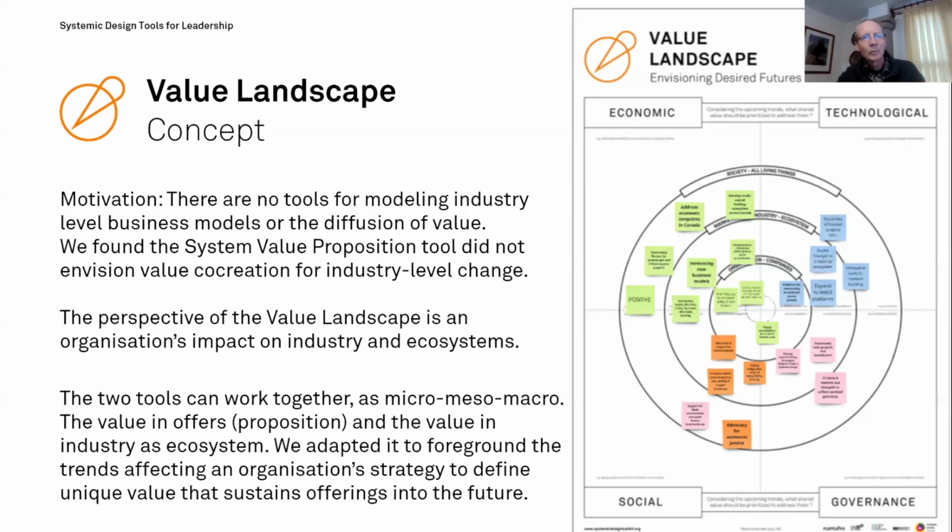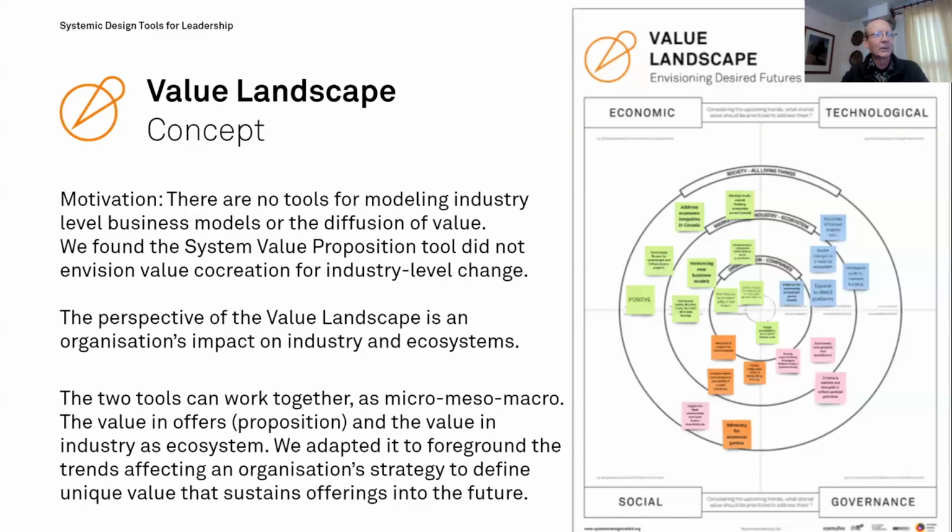We found that the system value proposition, also in this stage 4 in envisioning the desired future, doesn't envision the value co-creation for how value co-creation could shift an industry and be seen as moving an industry towards flourishing, so that you aren't just the only company, like Patagonia might have been, or Interface Carpet might have been 20 years ago, the only company in the industry moving towards strong sustainability or flourishing.